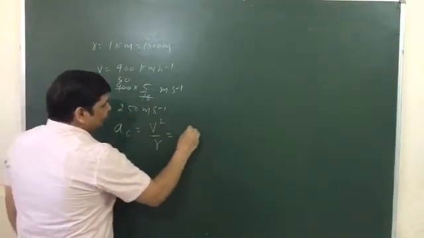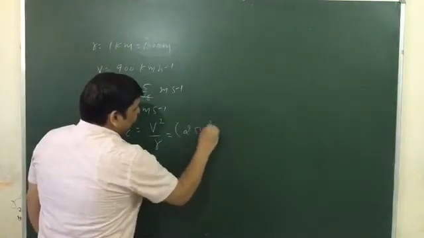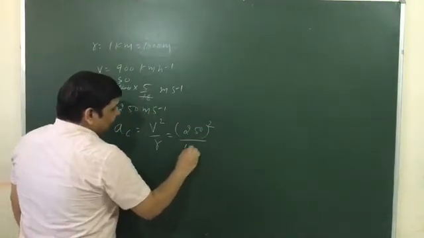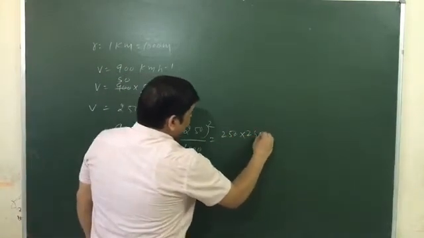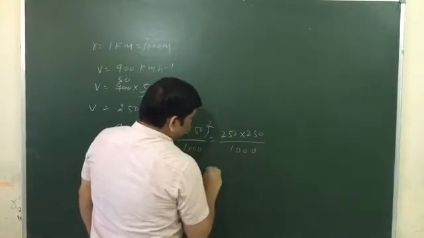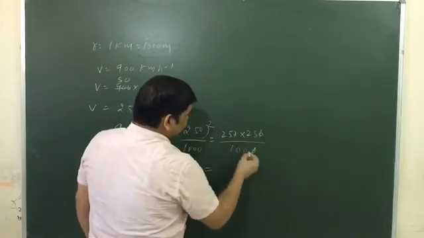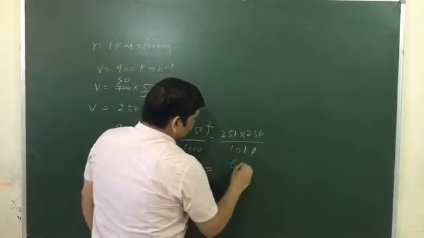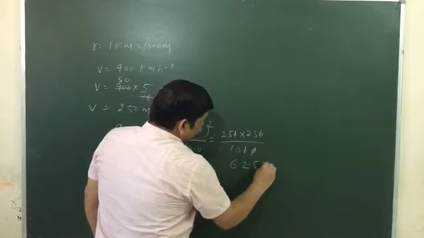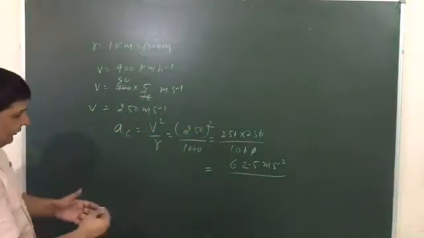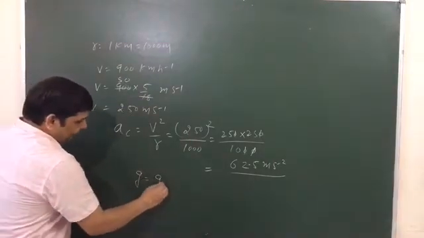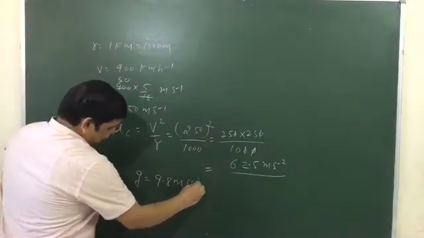V is 250 and radius 1000. 250 squared over 1000 gives 62.5 meter per second square. And we know that acceleration due to gravity is 9.8 meter per second square.